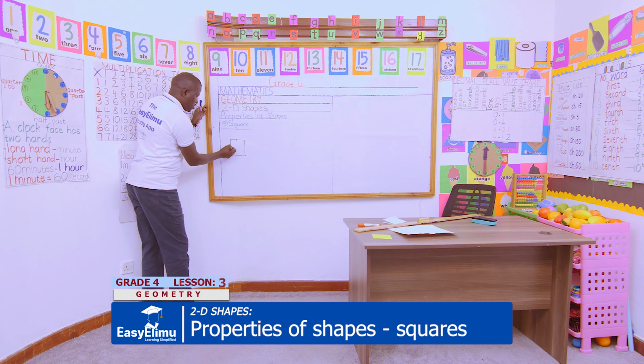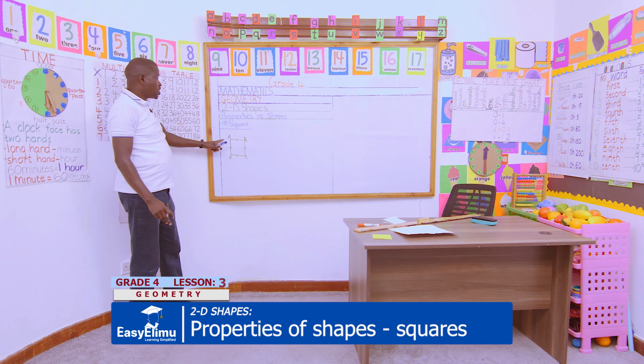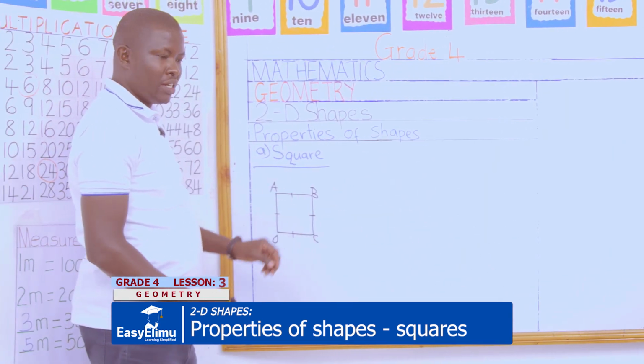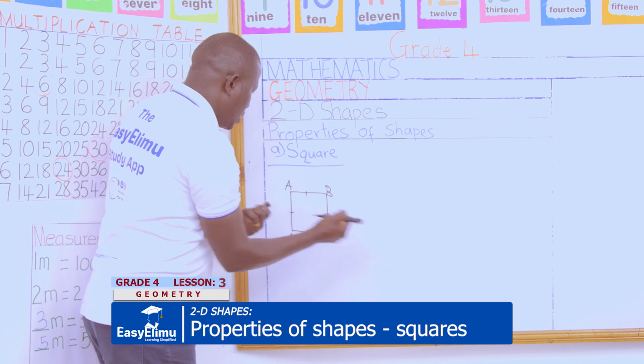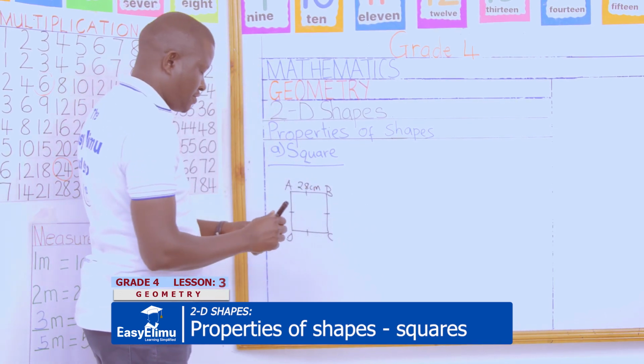Remember, for a square we said all sides are equal. So I've said label it as A, B, C, and D, and measure the side. After measuring AB, from our measurement, AB is 28 centimeters.